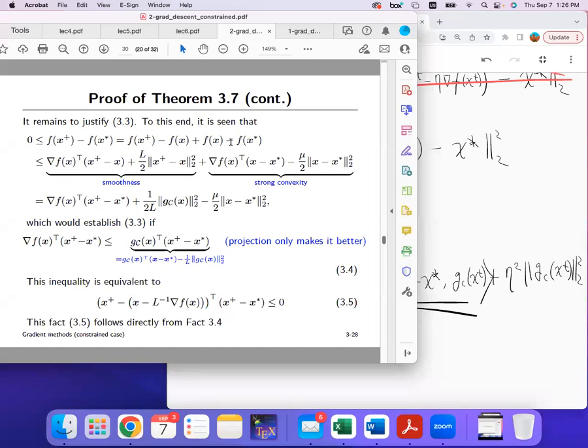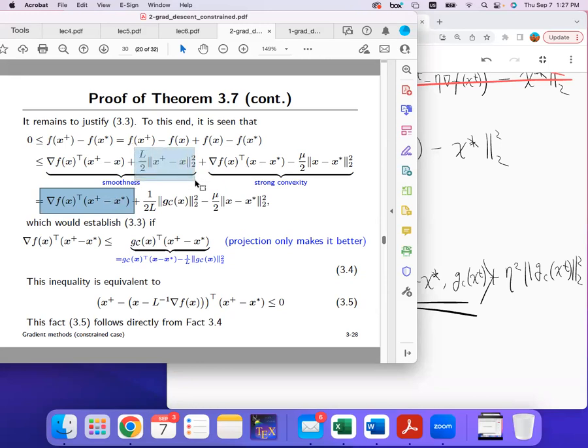And then I just combine all these terms together. Now what we can see is, first of all, these two dot product terms are combined together and we get this one. The negative x cancels with x, so we get this term.